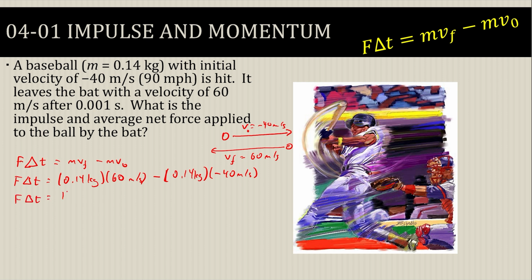And so that gives us 14 kilogram meters per second. So that is the impulse. Now if I put in the time, we can find the average force. So we divide, and our average force comes out to be 14,000 newtons, which is a rather large force. But you are hitting a baseball with a bat.